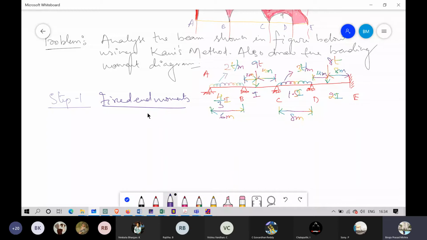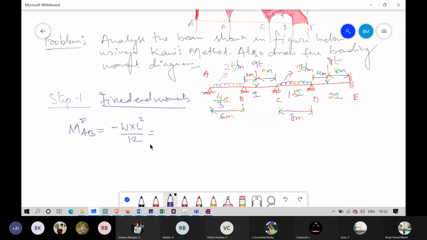So MFAB will be how much? Please help me with this one, guys. MFAB equals minus WL square by 12, is it correct?